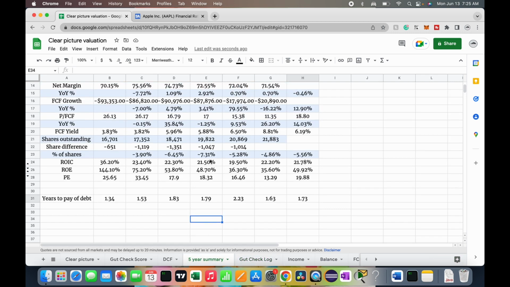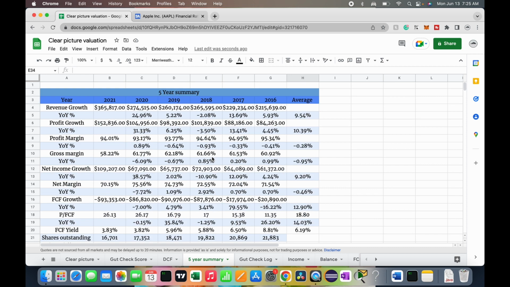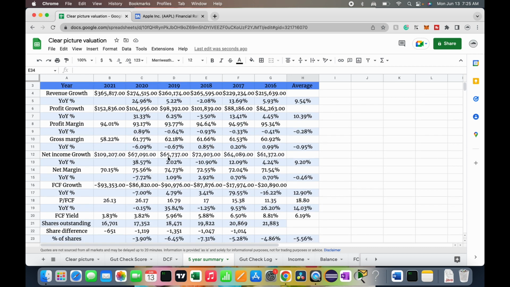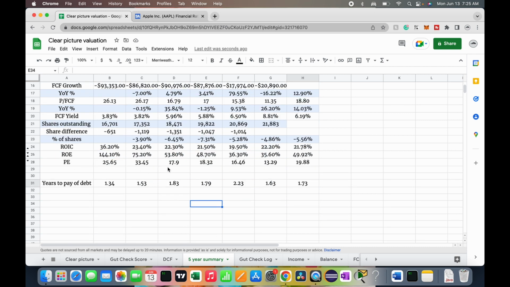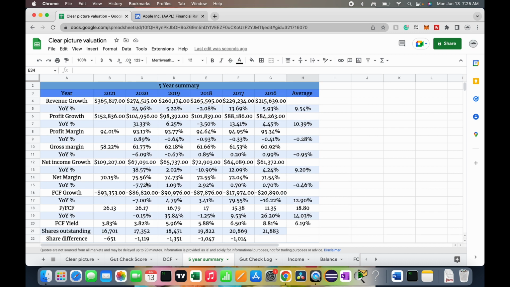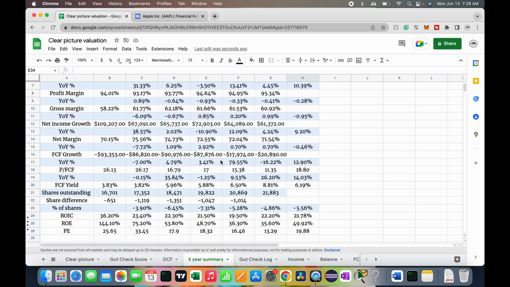Also, here's a little five-year summary so you can visualize it in more detail. I also have PE if people want to look at the PE ratio. This will all populate as well from the income, balance, free cash flow, and ratio statements.